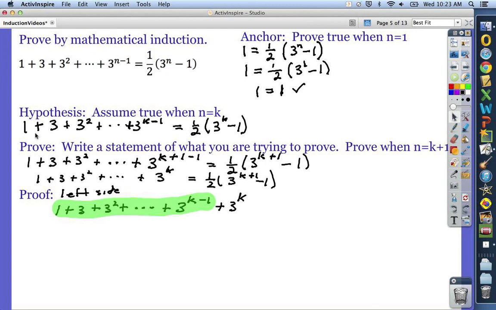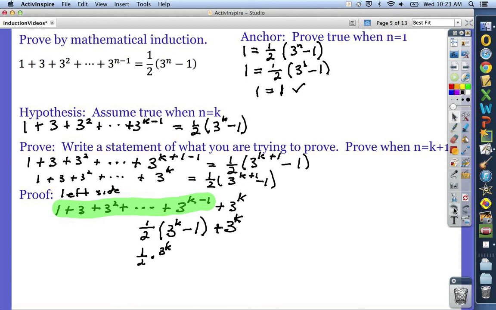The left-hand side of the inductive proof is the part that's highlighted, so it can be substituted with 1/2 times 3 to the k minus 1, shown there. Bring the 3 to the k down, and now it's just a matter of simplifying this expression to see if I can get this equal to the right side of the prove statement.